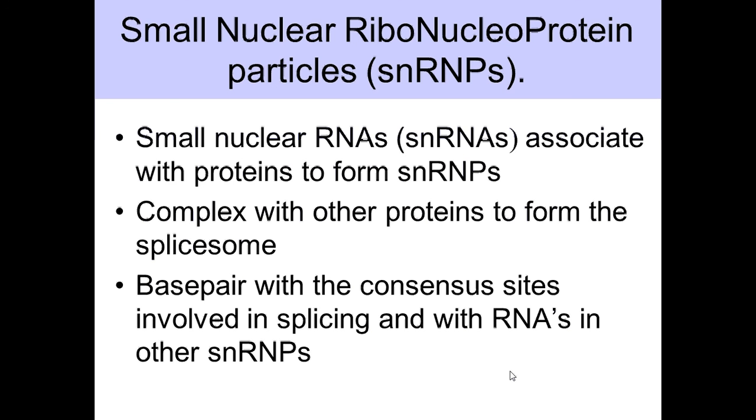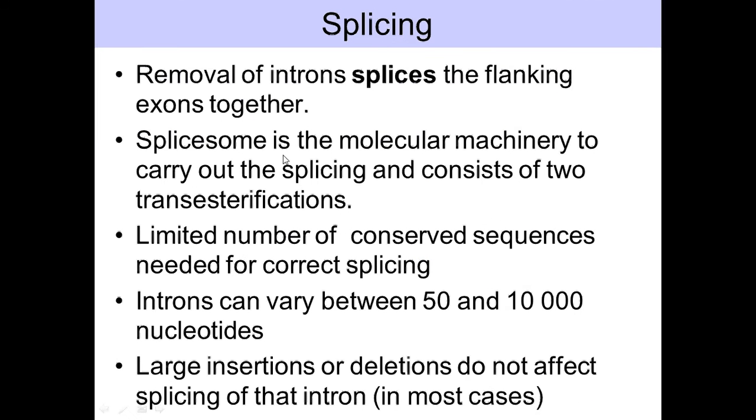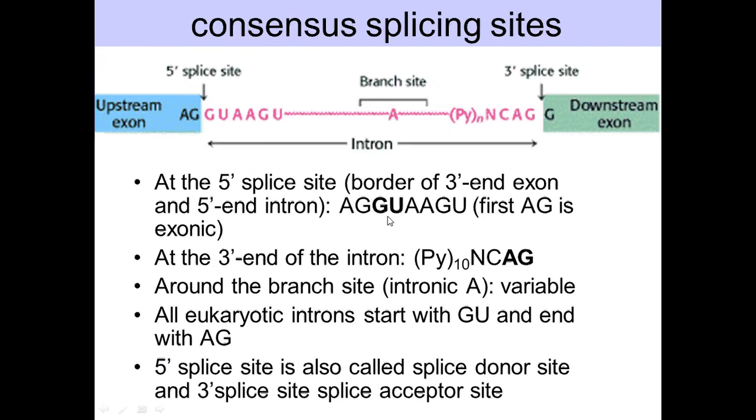And then there are a lot of snRNPs involved in this reaction. snRNPs are small nuclear RNAs associated with proteins, and they complex with other proteins to form the spliceosome, which is the machinery. Like over here, we saw the spliceosome is the molecular machinery that carries out the splicing and consists of two transesterifications.